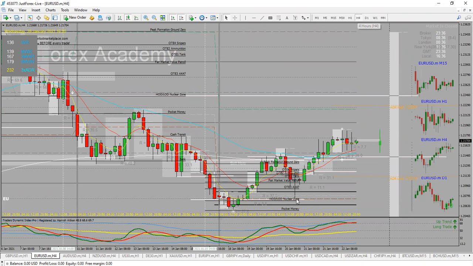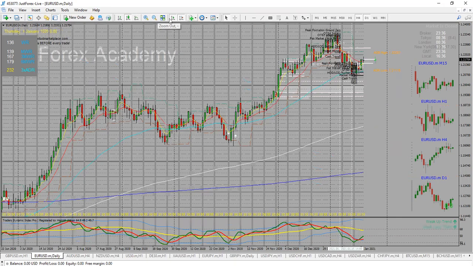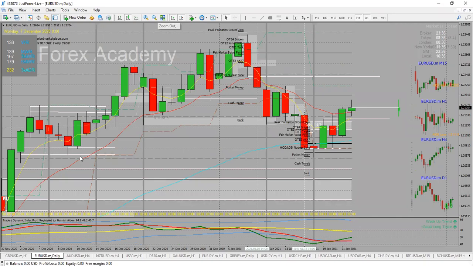We don't have any upper lows. Let me just check before I conclude that we don't have any upper lows on this pair. Don't have any.